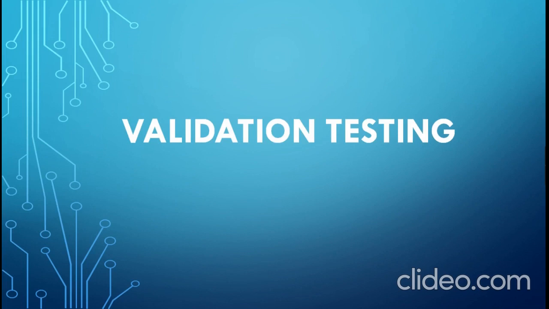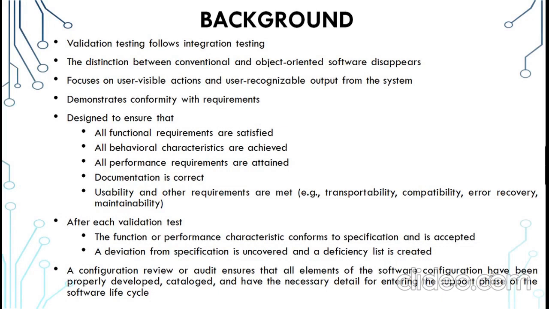The next is validation testing. Validation testing ensures that the product actually meets the client's needs. It can also be defined as demonstrating that the product fulfills its intended use when deployed in an appropriate environment.